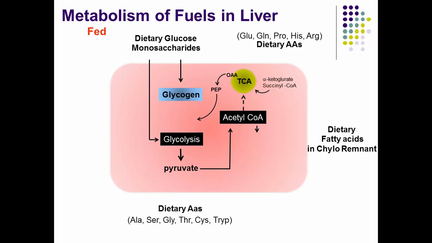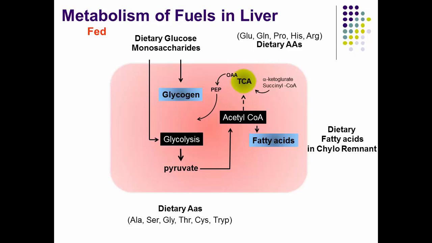But again, in the liver, we know that the glucose basically will not be completely oxidized or utilized for energy, right? If we have excess glucose, we can have a lot of acetyl-CoA produced, and this acetyl-CoA is used for fatty acid synthesis through the lipogenesis pathway, right? So glucose is converted to fat in the fed condition, right?